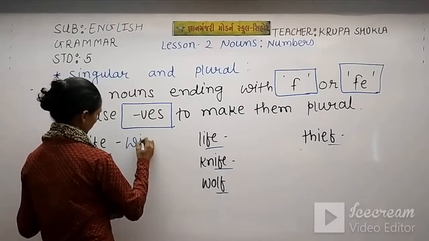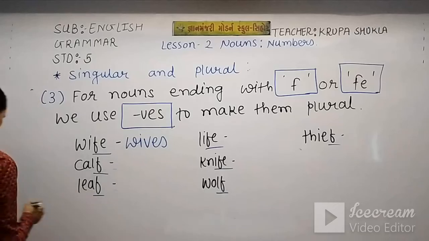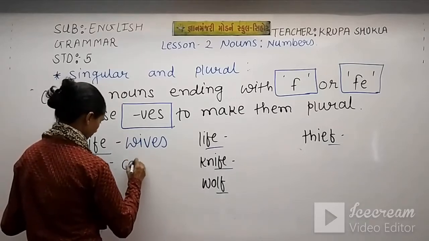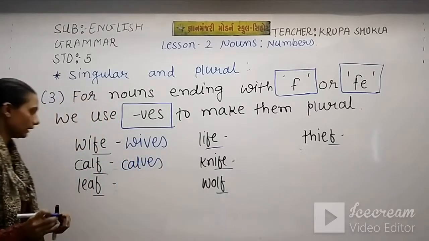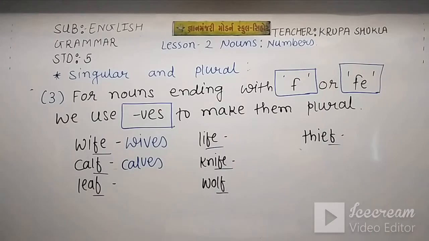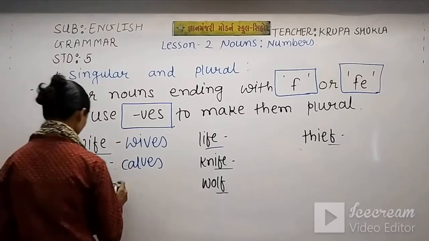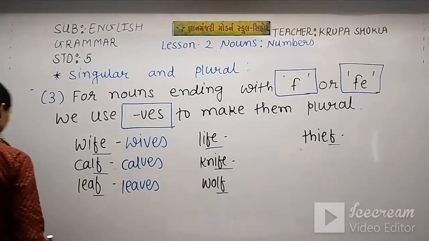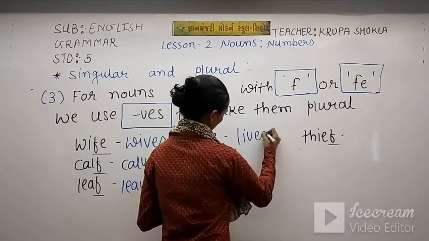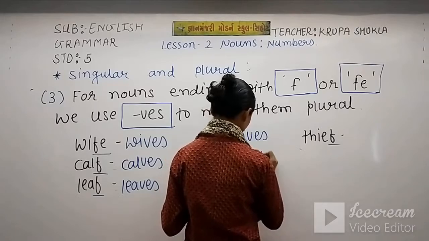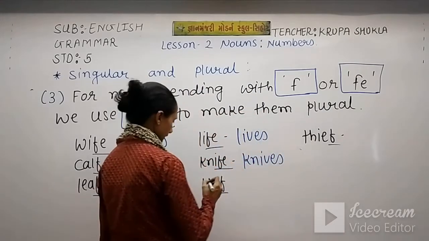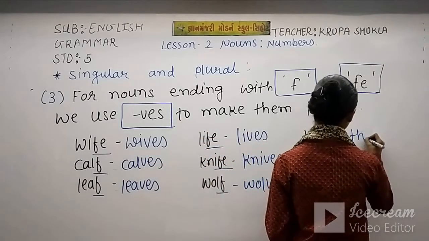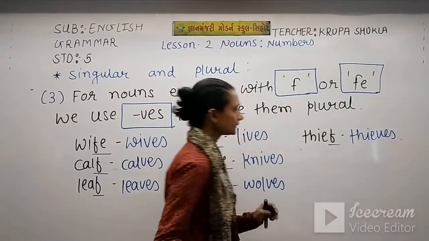So wives, calves, leaves, lives, knives, wolves, thieves.